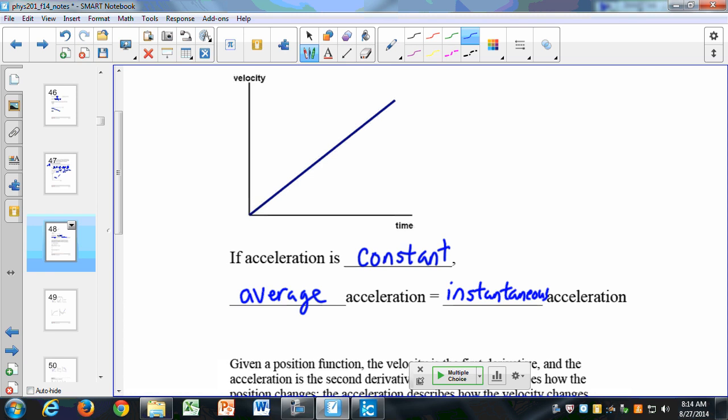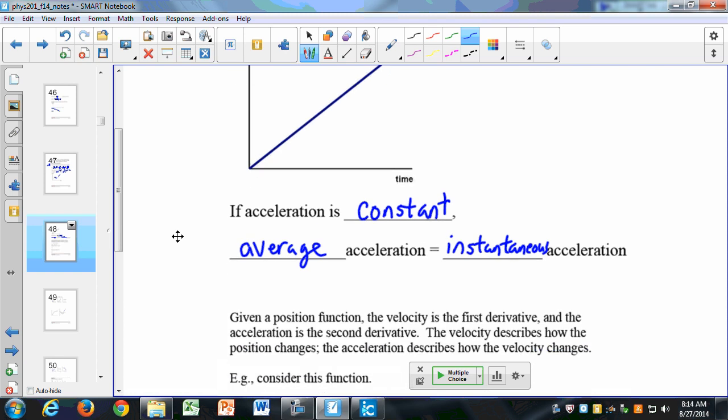All right? It's not supposed to be a groundbreaking comment. It's just saying that the slope here doesn't change. So it doesn't matter if I take the slope over these intervals, or these intervals, or at a particular instant. The slope is always going to be the same. And so the average acceleration is equal to the instantaneous acceleration, just like we had with the average velocity equaling the instantaneous velocity.